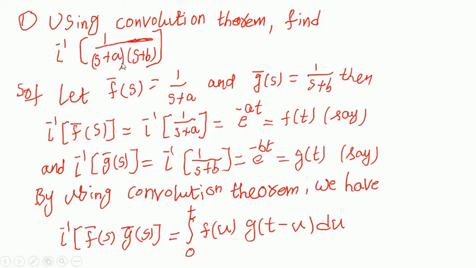Here you can take f bar of s as 1 by s plus a or 1 by s plus b, that is your choice. Let me take 1 by s plus a as f bar of s and 1 by s plus b as g bar of s. Then I have found f of t value, g of t value, and then I have applied the convolution theorem.